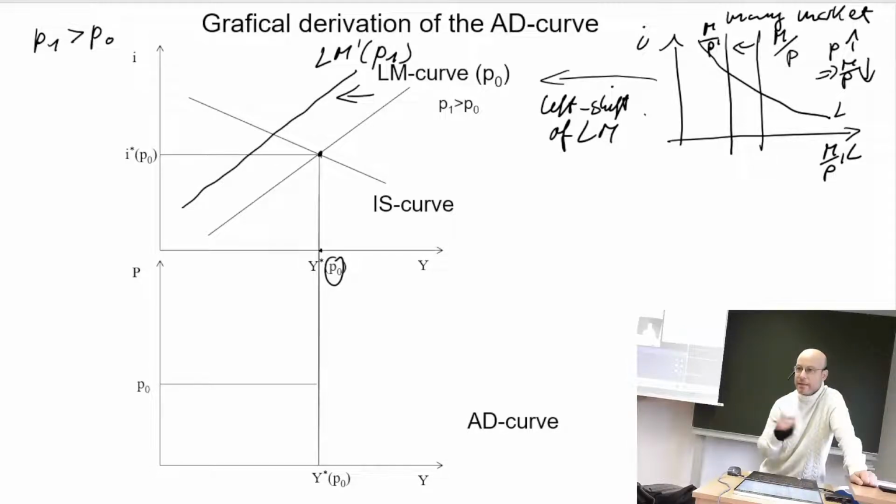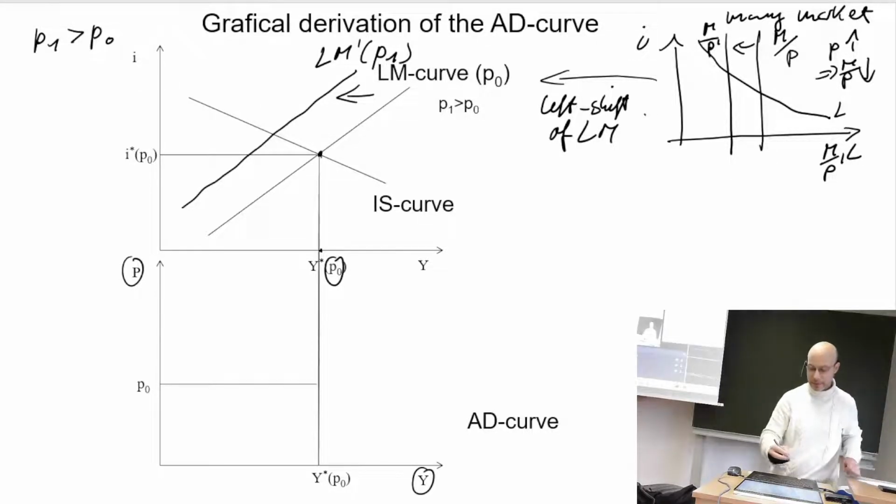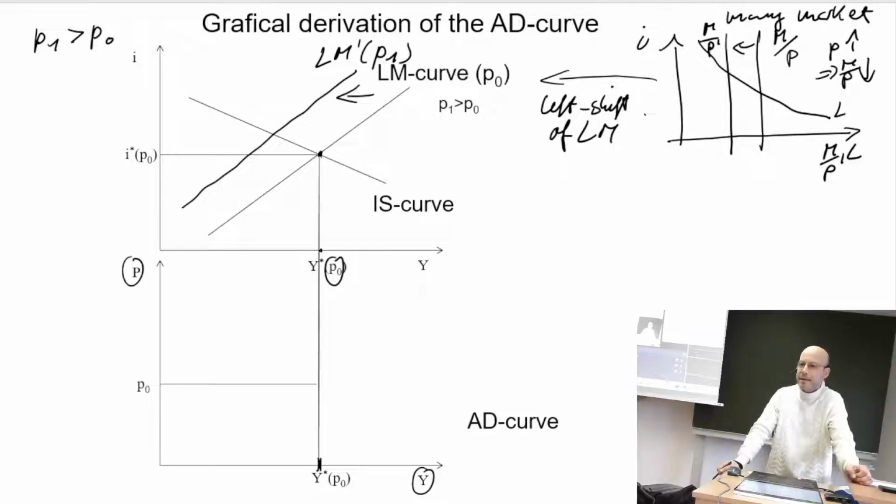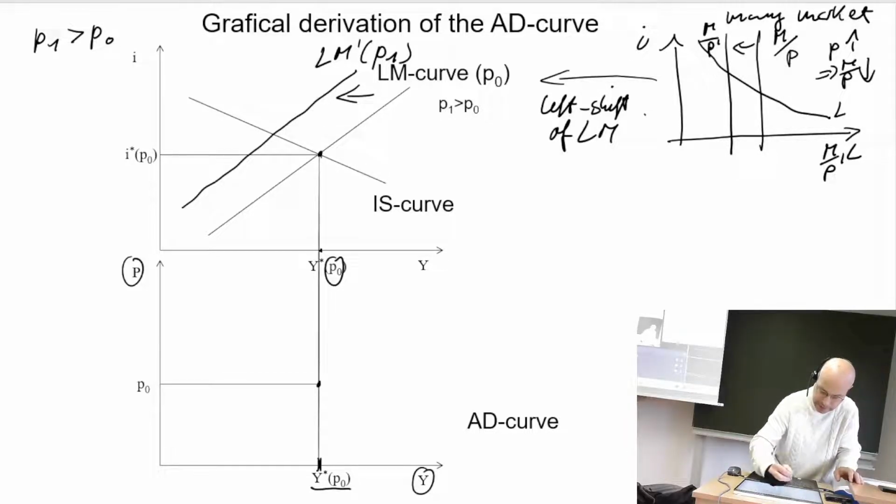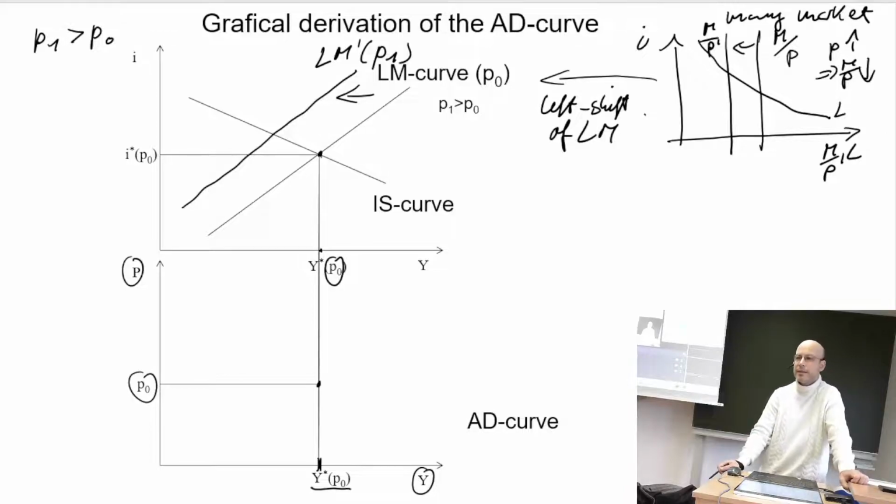And this now can again be translated, similar to our derivation of the LM and the IS curve, in a classical price quantity diagram. We put this starting equilibrium depending on P0 as our first possible point where we have this dependence of income on our starting price level.